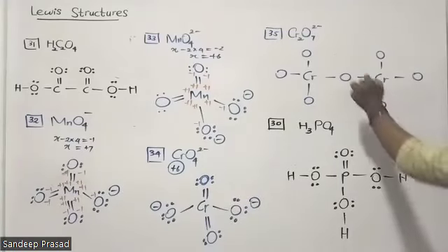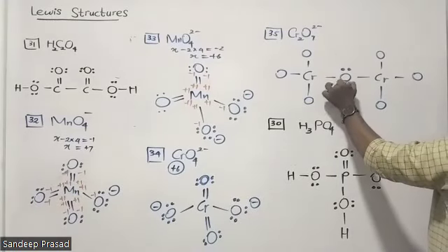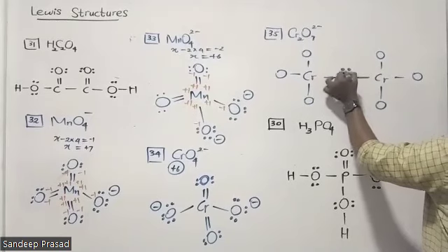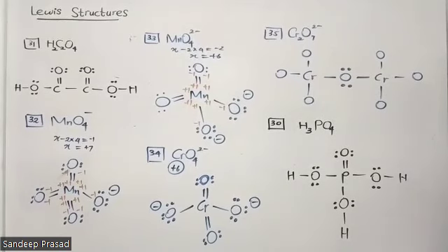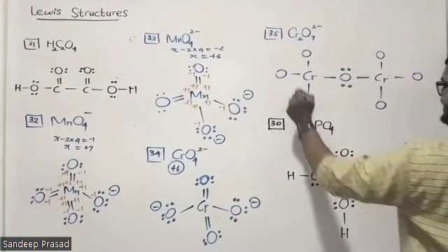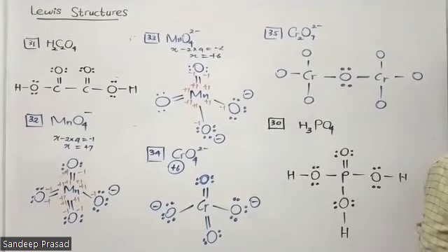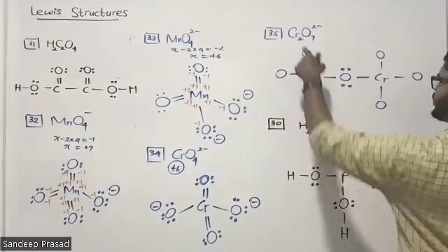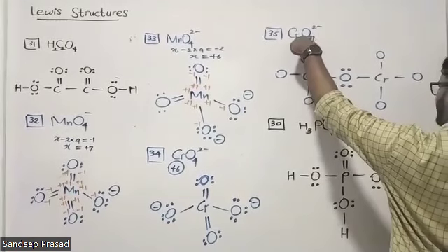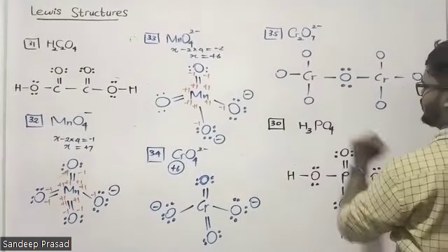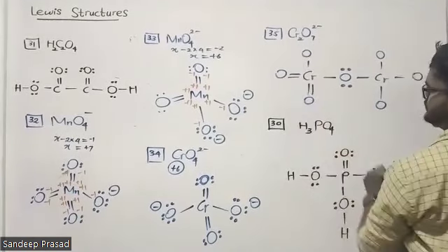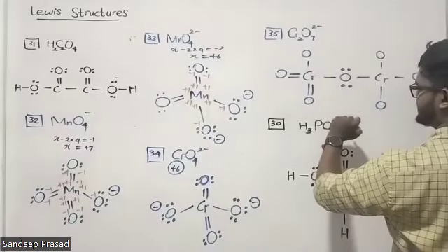So the central one can be neutralized by adding lone pairs in this way. Valence electrons are okay, 1, 2, 3, 4, 5, 6. And there are 2 minus charges. Students, we can say that chromium's oxidation number is +6, right? Therefore, it can make 6 bonds. 1, 2, 3, 4, 5, 6.